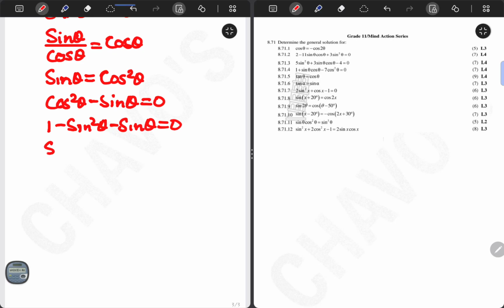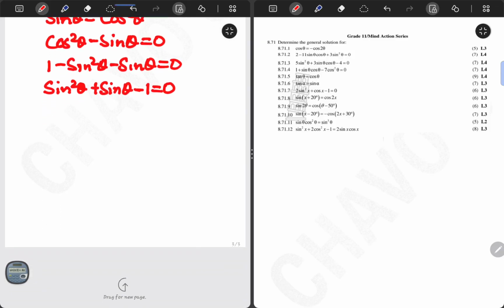That will be sine square theta plus sine theta minus 1 equals to 0. I see the use of quadratic formula here. Like I said, you will never factorize this.